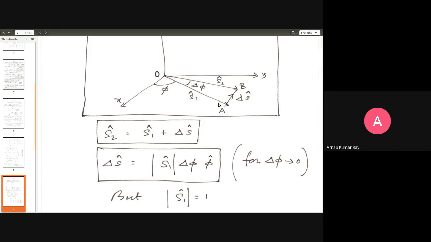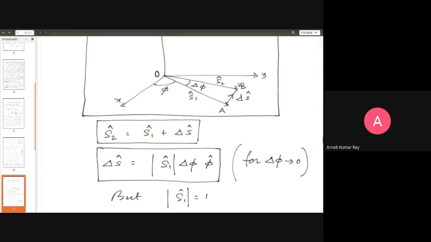But there is also another way of looking at it. This point and this point seem to be separated by a straight line delta S. But if I were to trace this path, it would have gone along an arc length AB instead of a straight line AB.